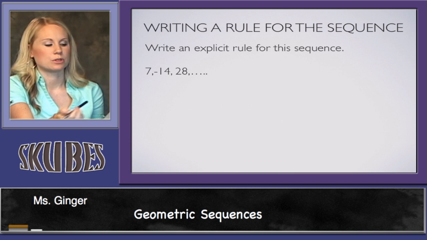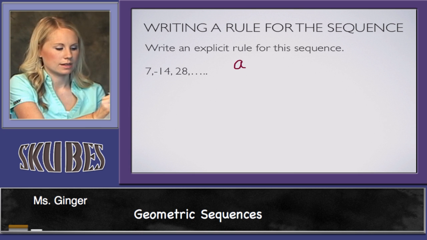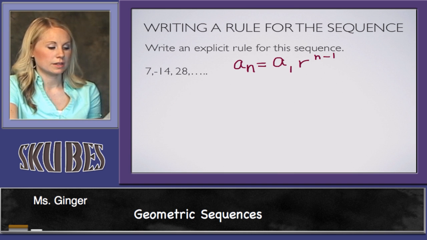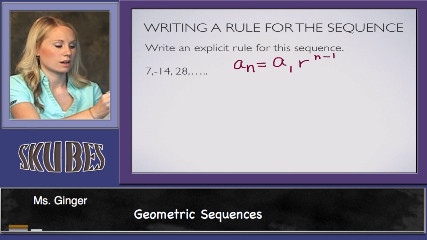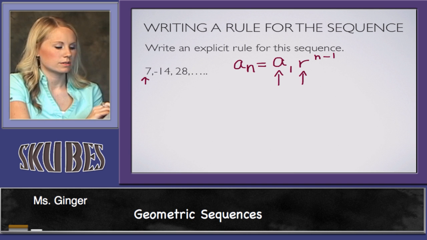So let's take a look at how we would do that. All right, so let's copy that down. A sub n equals a sub 1 times r to the n minus 1 power. Okay, so we can see that the pieces we're going to need are that common ratio and our first term. We can see the first term here in the sequence.